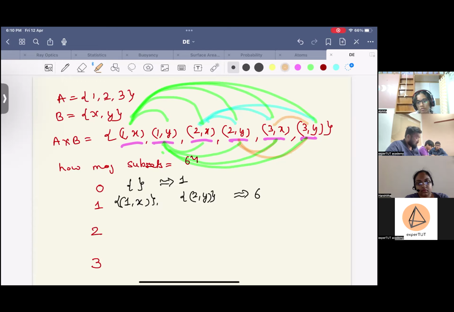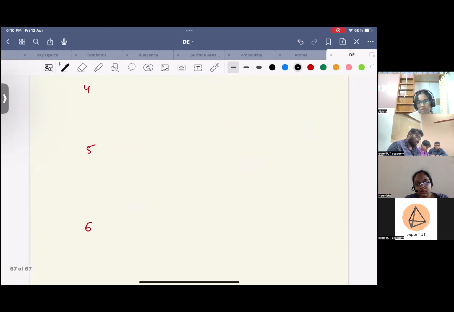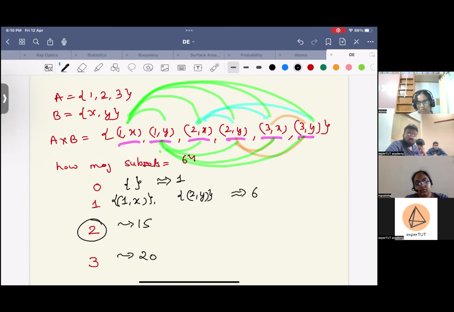That's it. So how many subsets with 2 elements are there? 15. And then 3 elements will have 20. How am I counting this directly? You will learn later. And 4 elements will have the same as 2, so it will again have 15. You can think of it like this. Why these two elements?